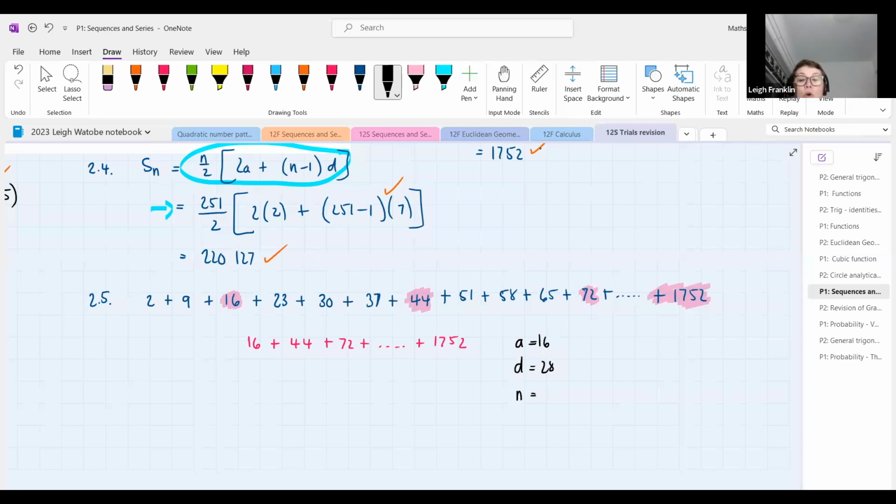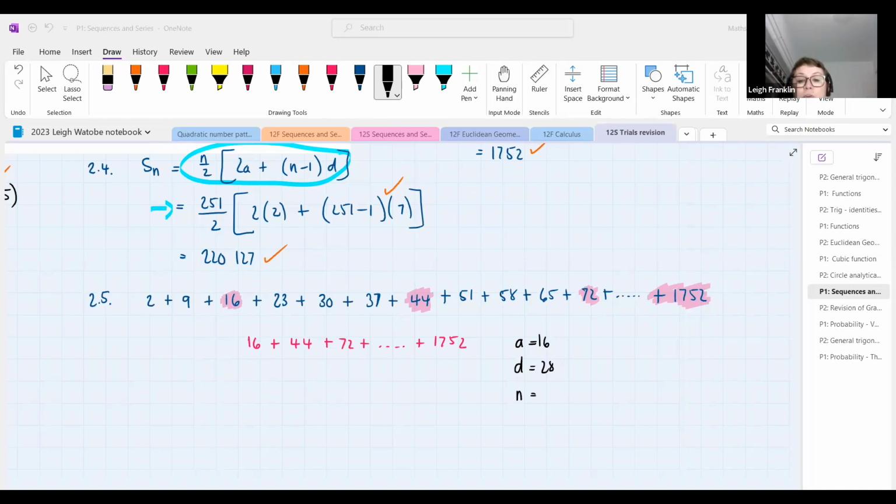Can we work out the nth term for this particular pattern? Yes, we could.